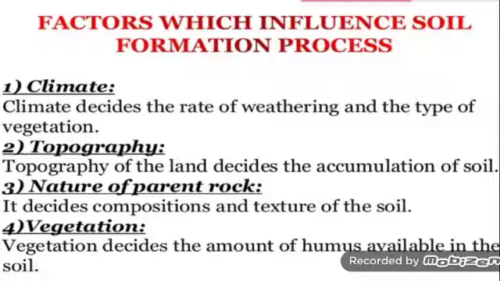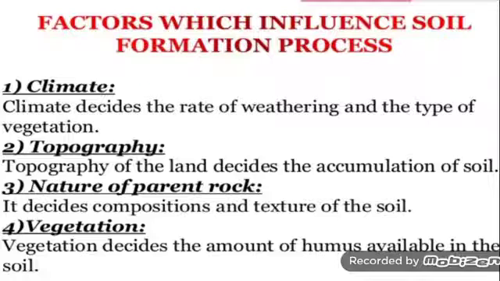Children, in the formation of soil, climate is one of the important factors, because it affects the rate of weathering of the parent rock, and variability in the precipitation modifies the composition of soil.